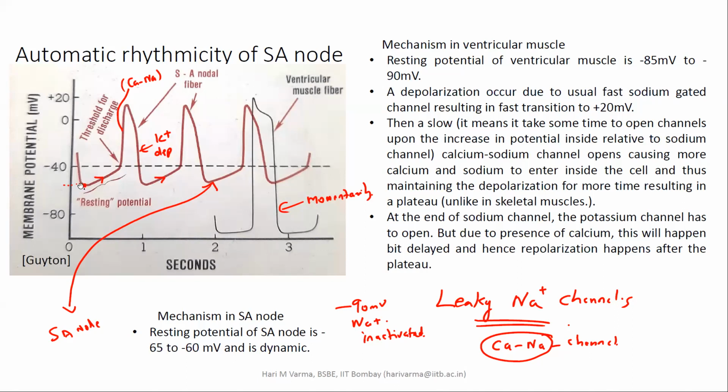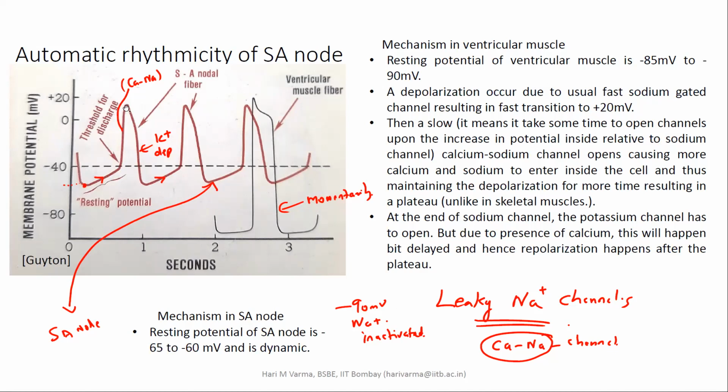But because of leaky sodium channels, when it reaches -40, an action potential can be triggered using the calcium sodium channel, a channel where calcium and sodium can go inside. So when the membrane potential reaches -40, the calcium sodium channel opens and a lot of calcium and sodium start coming inside. That will increase the voltage to +20.